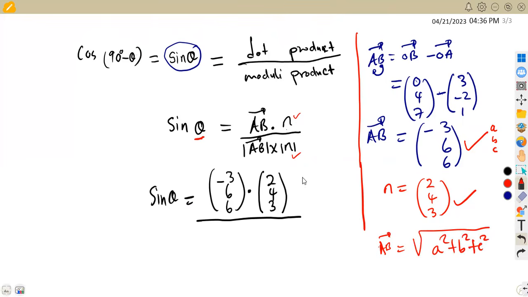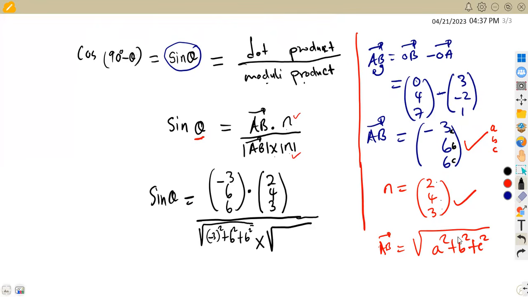So in this case, we are going to have the square root of (-3) squared plus 6 squared plus 6 squared, times, this is a product, the moduli product, the modulus of the n that we get from our normal, which is (2, 4, 3).